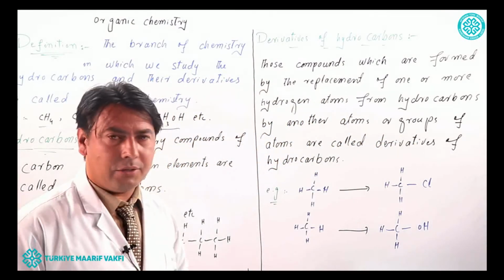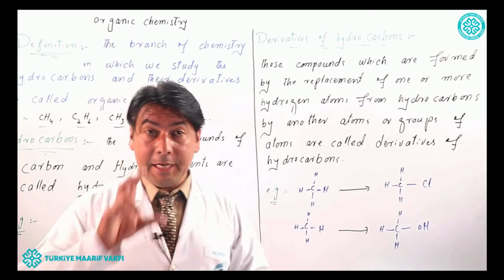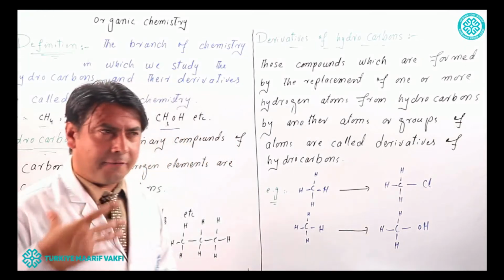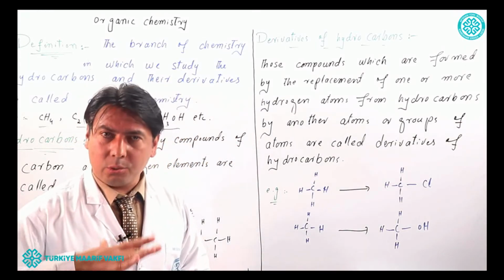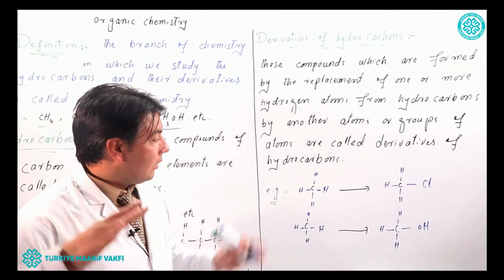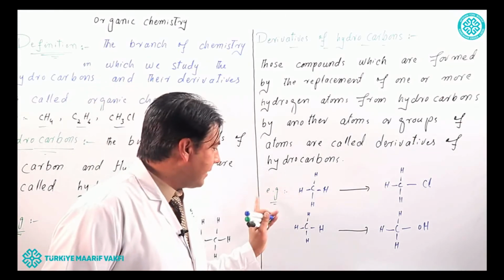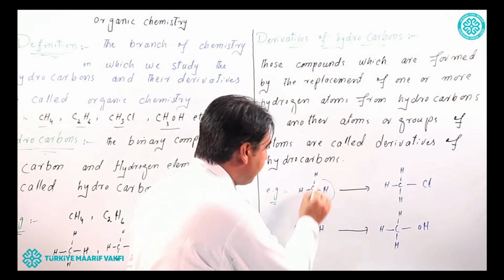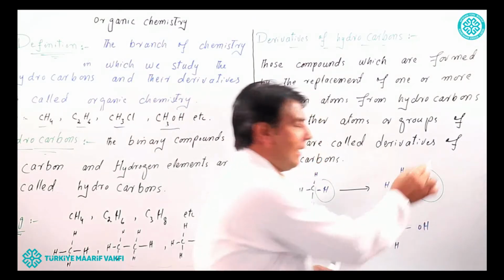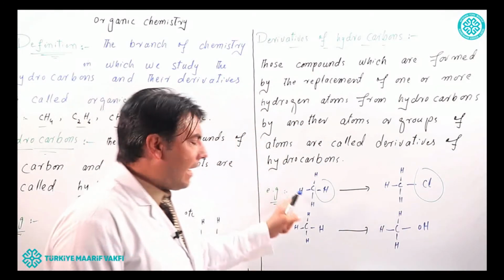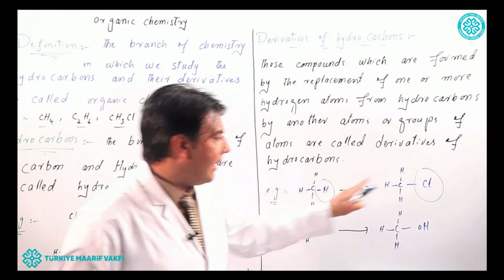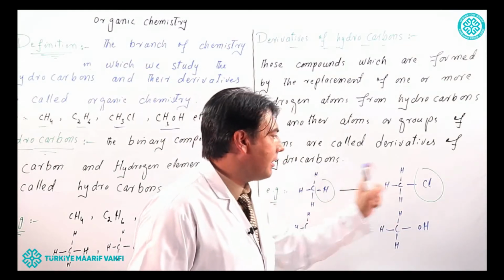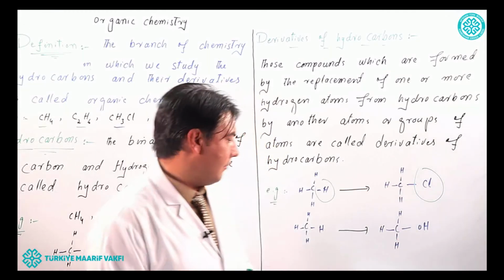In derivatives, 1 or more hydrogen atoms are replaced by another atom or group of atoms. For example, in methane, 1 hydrogen atom is replaced by a chlorine atom. So methane is the hydrocarbon and chloromethane is the derivative of the hydrocarbon because 1 hydrogen is replaced by the chlorine atom.